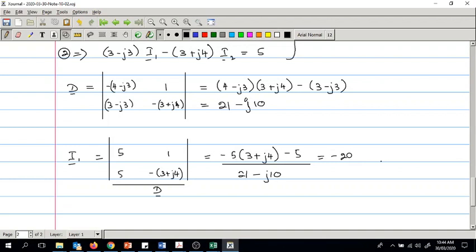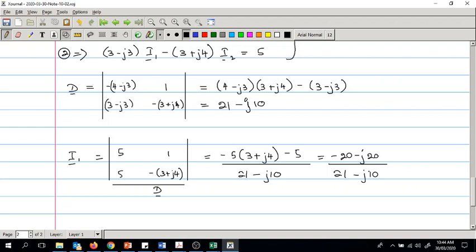Minus 20 j, so minus 20 minus j20 divided by 21 minus j10.